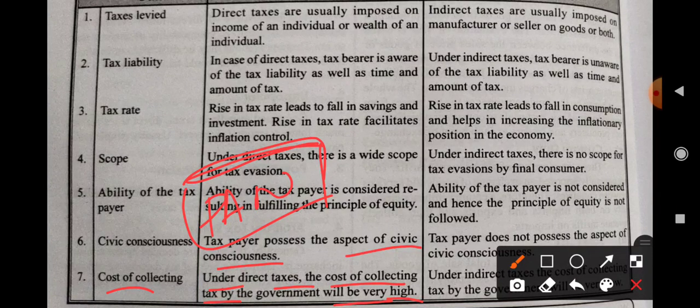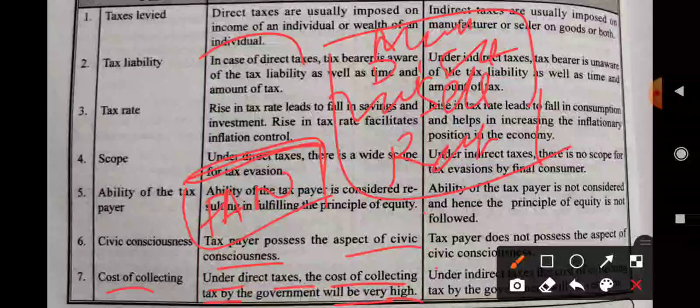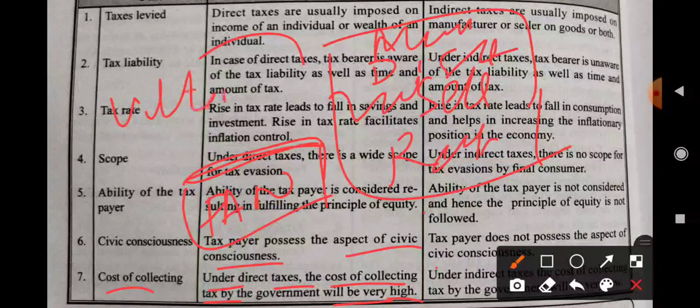In case of indirect taxes, as I said, the seller, manufacturer, wholesaler, retailer, distributor, all these people directly pay the indirect tax to the government, which will be ultimately collected from the consumer or customer.